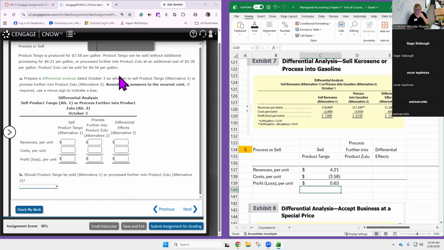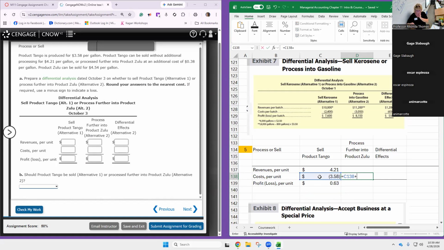Okay, now the other one is the Zulu. Okay, Zulu. Usually it costs more to process something further, right? And they say that additional 38 cents per gallon. So I'm going to take this number and add. Okay, so we're going to add to the price.